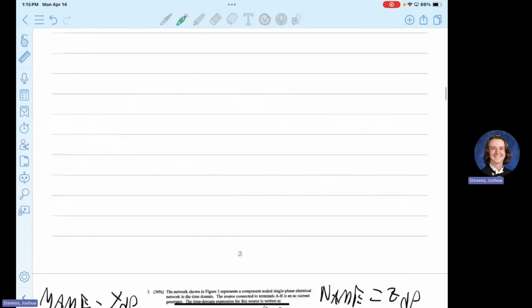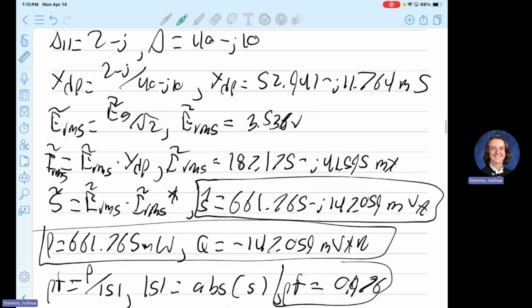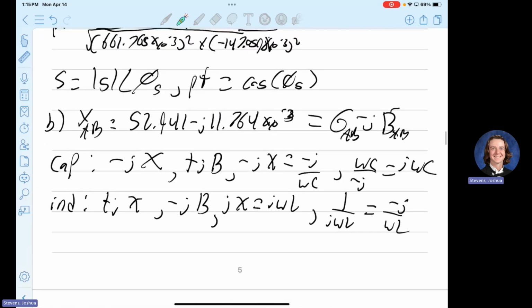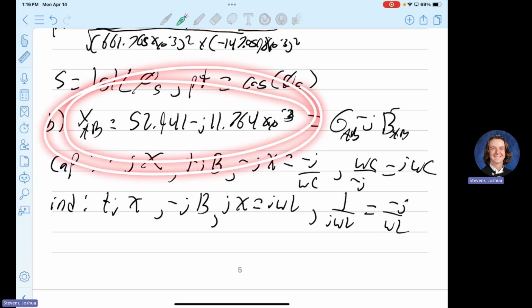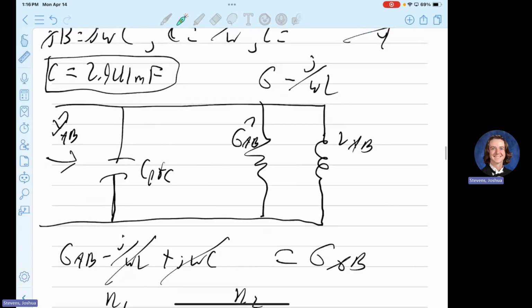Okay. I was just wondering, how did you arrive at the inductor and the resistor in parallel with each other? YDP. Since it's negative, inductor. And since they are admittances, they're going to be in parallel.